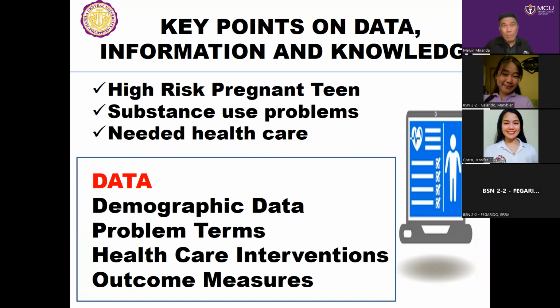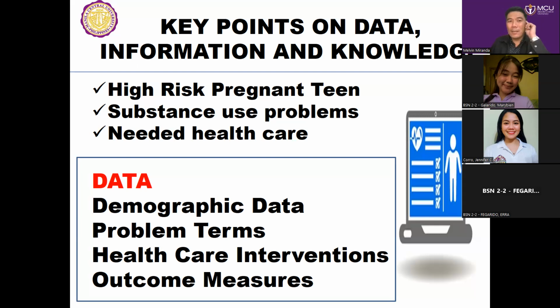If you're aware of demographic data, the demographic profile is the specific health status of the patient, the age of the patient, the classification of the patient according to diagnosis. That is demographic data.